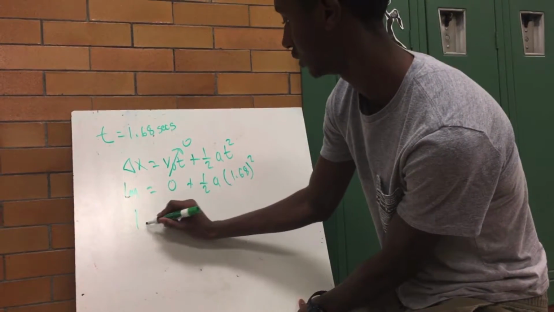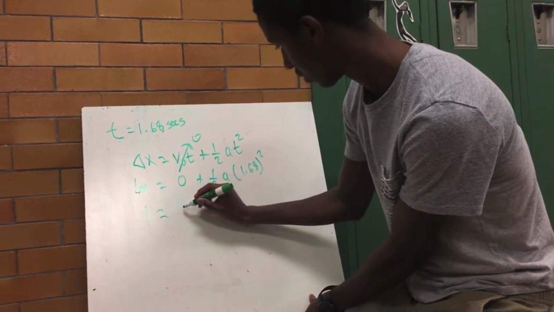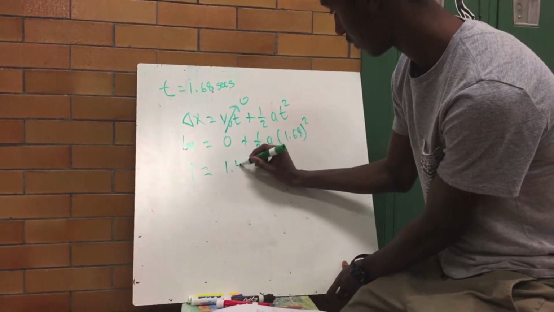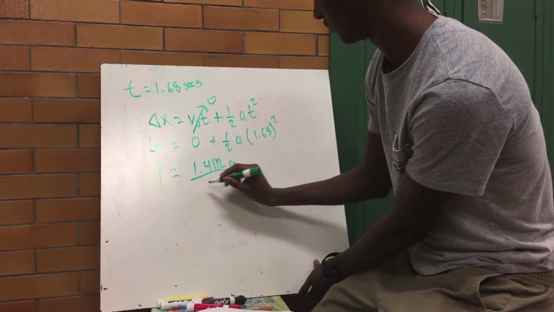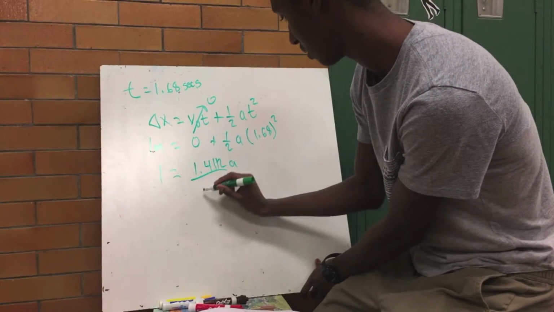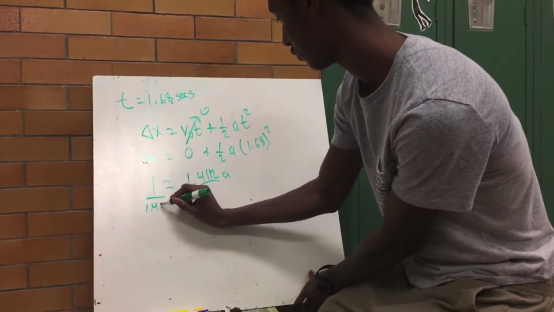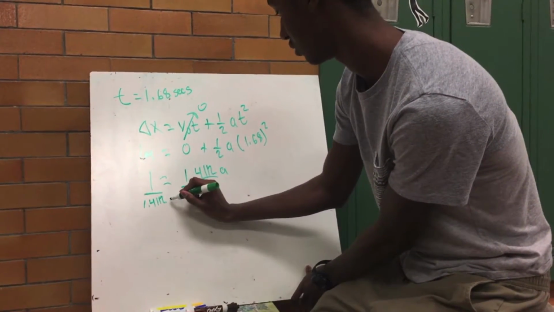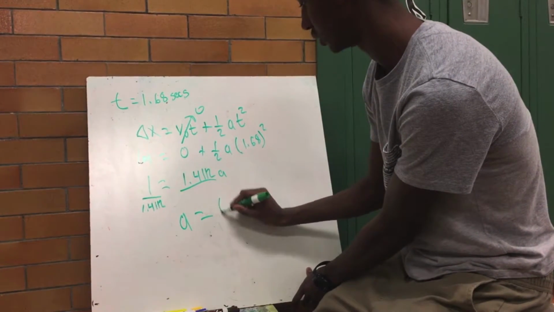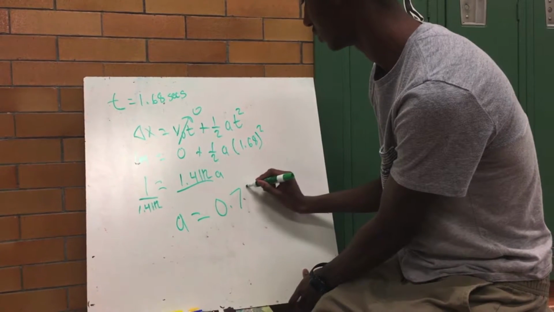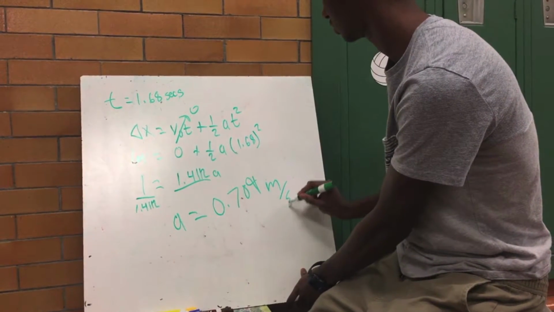Once you calculate this, you get 1 equals 1.4112 a. You divide 1 by 1.4112, and a equals 0.709 meters per second squared.